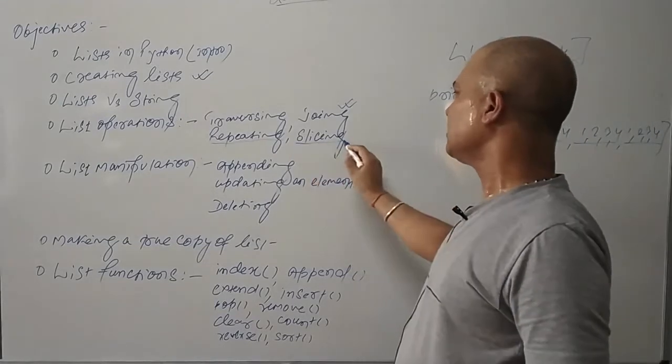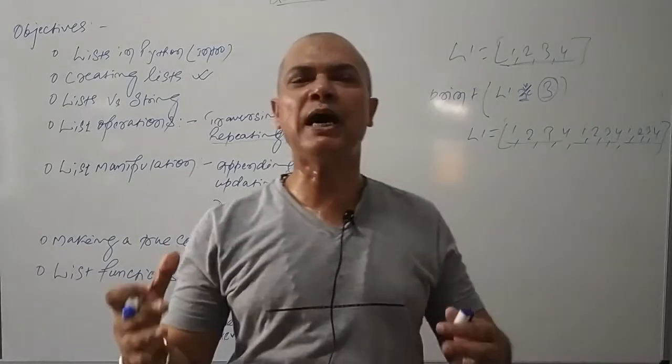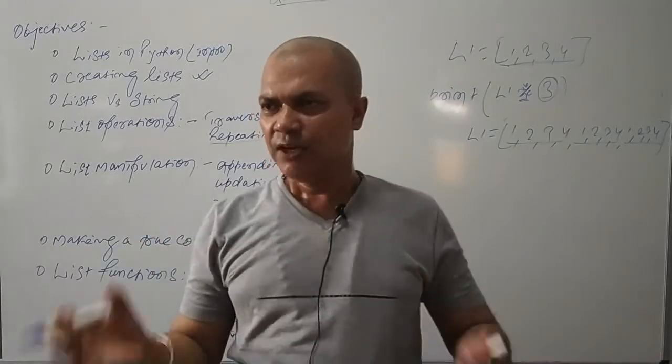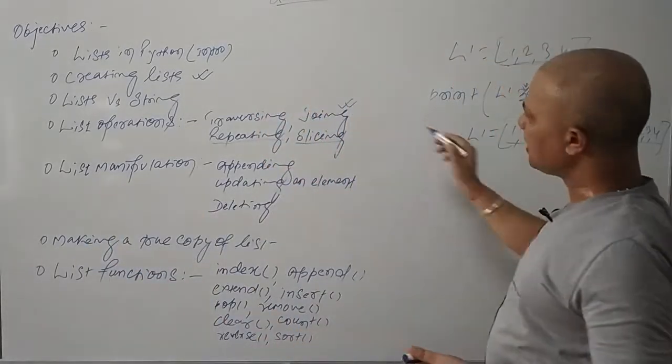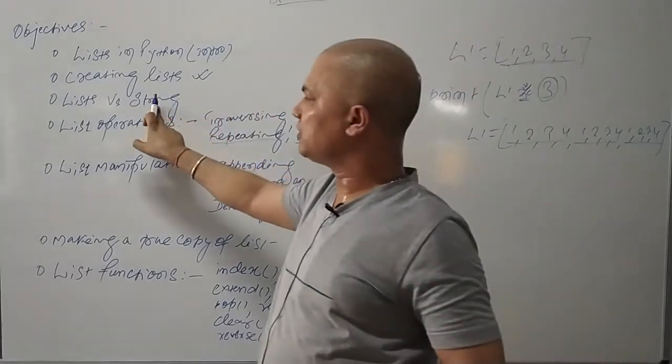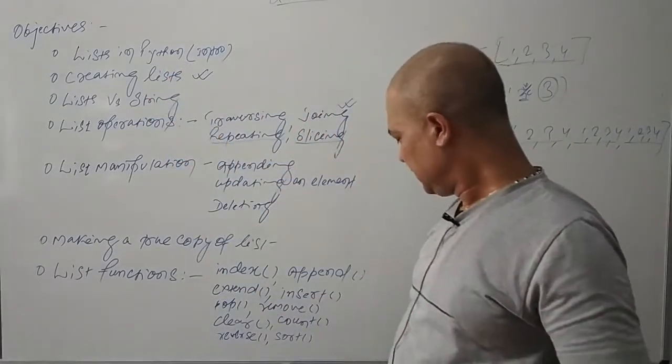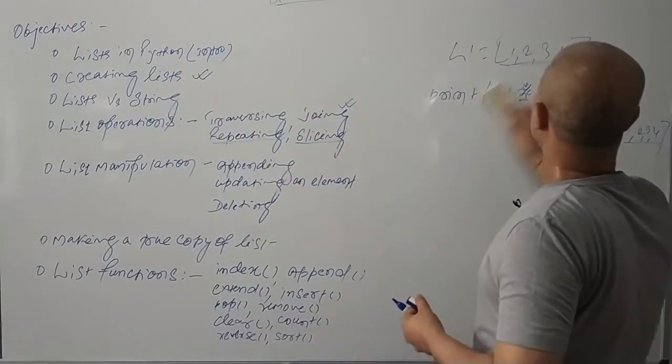Now slicing means extracting a part of a list. For slicing, we have the same pattern or method as a string, which you've seen in the previous class. Just see how to slice a list.